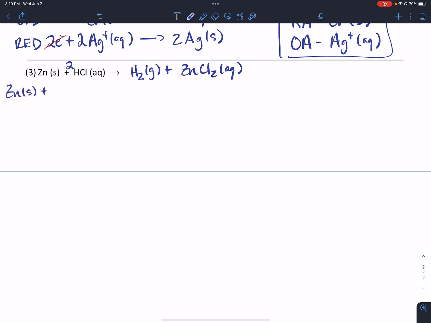We have zinc solid plus 2H+ aqueous plus 2Cl- aqueous, forms H2 gas plus zinc +2 ions and 2Cl- ions.